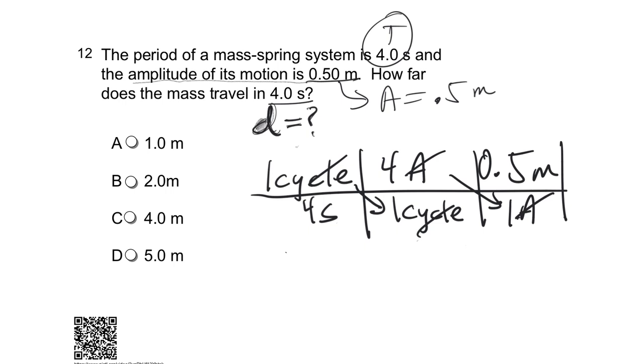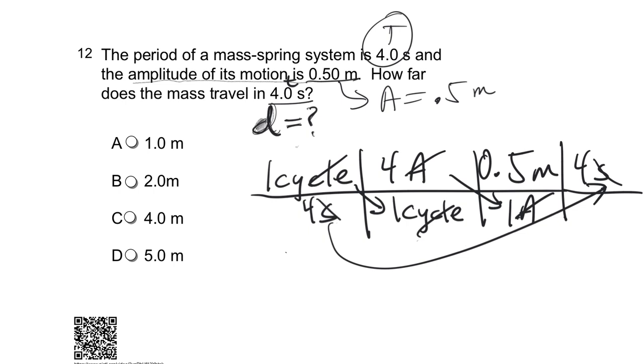So I got meters per second. And then how far does it travel in a time of 4 seconds, which is crazy because it's the same as the period. If it wasn't 4 seconds, you just put some other number.